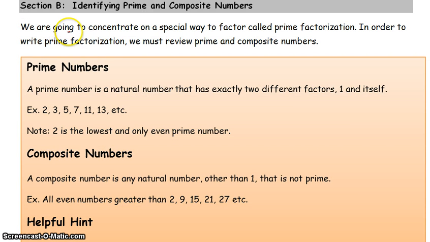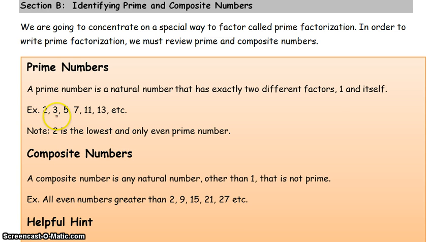Now, we come to section B, identifying prime and composite numbers. We are going to concentrate on a special way to factor called prime factorization. In order to write prime factorization, we must review prime and composite numbers. Okay, prime numbers. A prime number is a natural number that has exactly 2 different factors, one and itself. Here are a few examples, but there is an infinite amount of prime numbers.